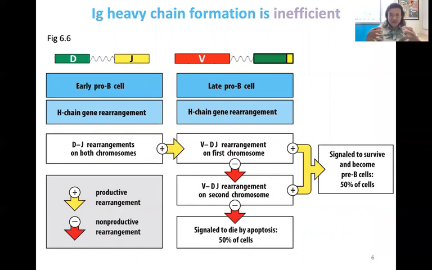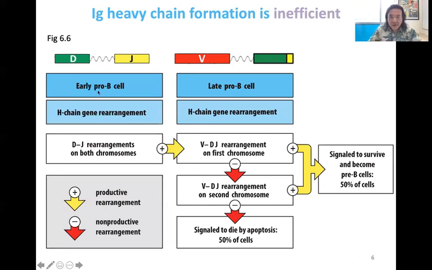That's harder to do than the light chain, which doesn't have a green D block, so all you're doing is combining a V and a J. So the cell might first see if it can successfully make a heavy chain, because that's the harder one to do, and then it'll worry about the light chain afterwards.